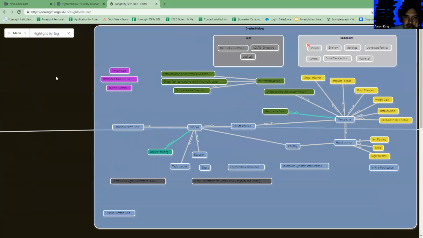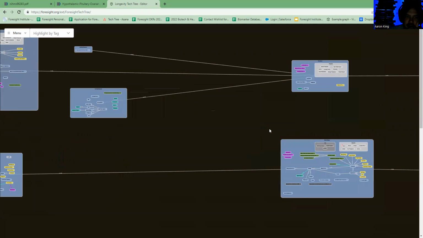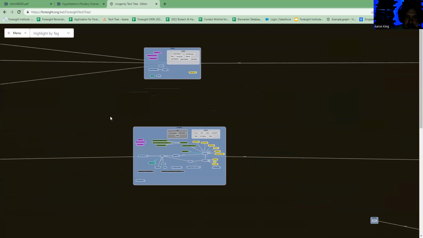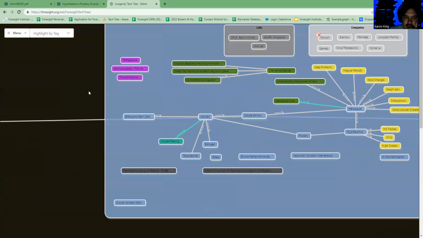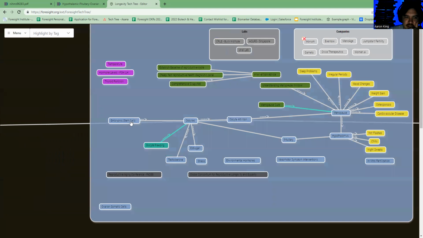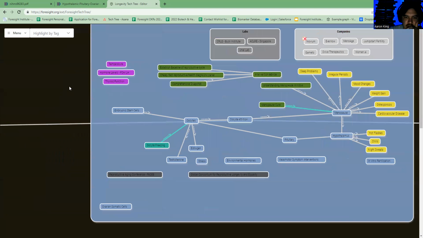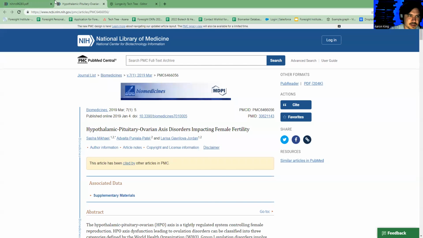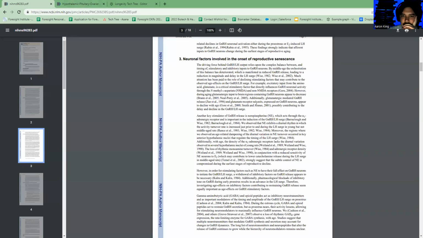We also have the pineal gland, which is over in circadian rhythm, but I don't want to draw weird arrows at this stage. So okay, sorry, going back over here.